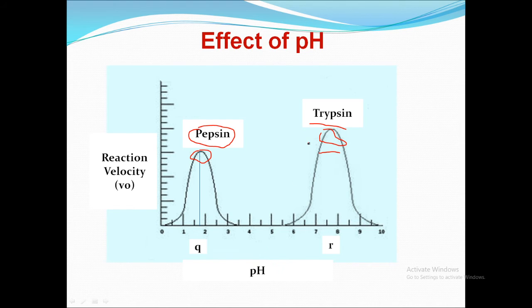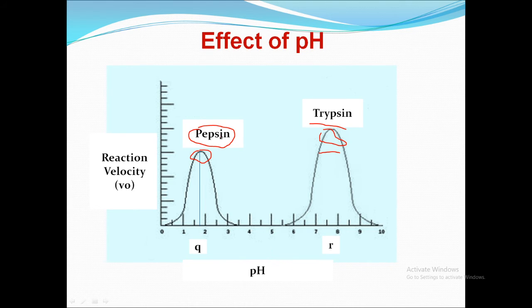Beyond this, after pH 8 or below pH 7, they lose their configuration, their 3D structure, and so they are unable to react with the substrate. Similarly, pepsin cannot act beyond pH 2.5, and it cannot have its activity below pH 1, because it loses its structure and integrity.